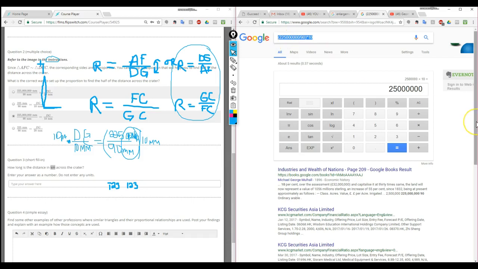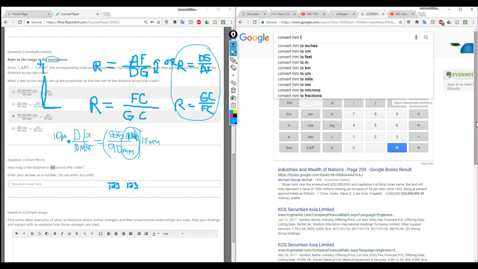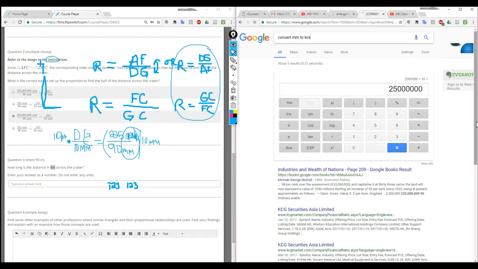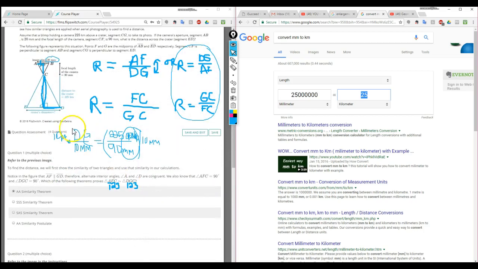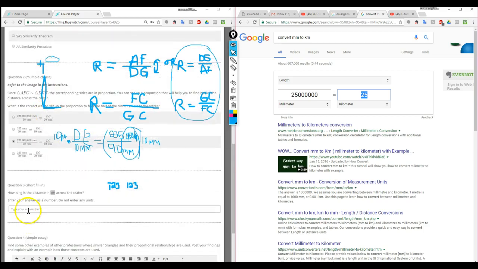So in order to convert that, type in convert millimeters to kilometers. So it's 25 kilometers. That was only half of the distance. We only set this up for half. So if this half is 25 and the other half is 25, our total distance is 50.